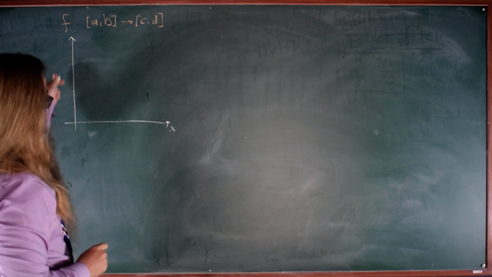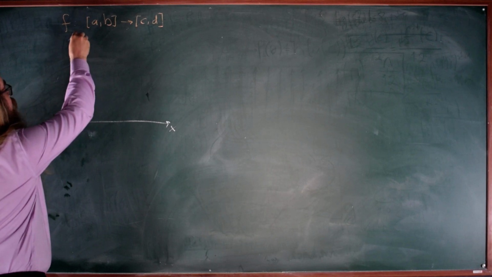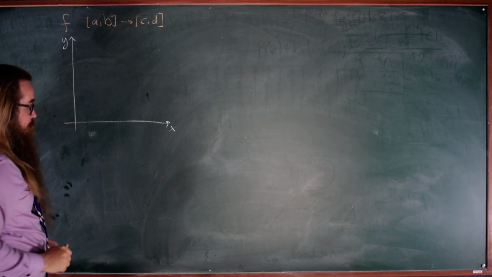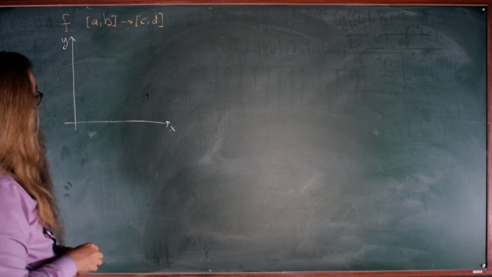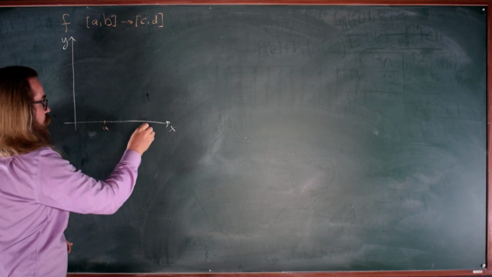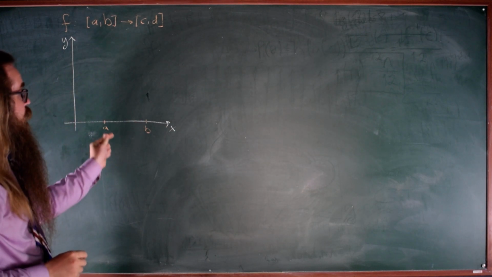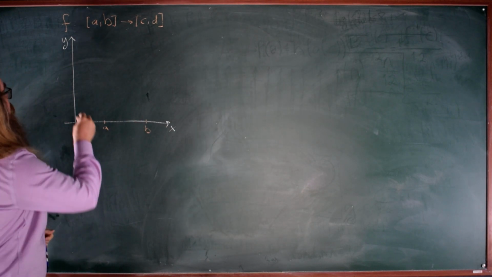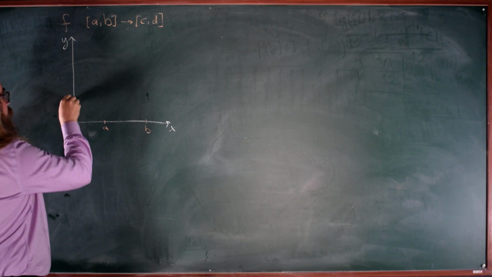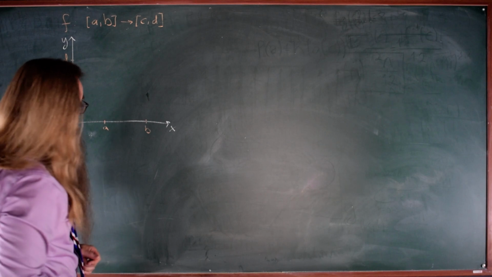And it consists of a vertical directed line called the y-axis. Right? And what we do now is we put our domain on the x-axis, and we put the codomain on the y-axis.